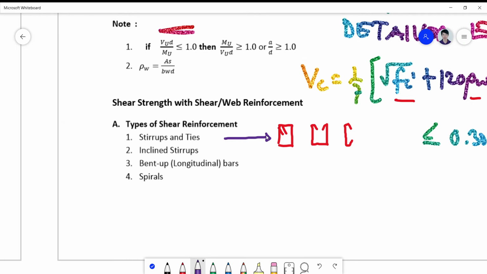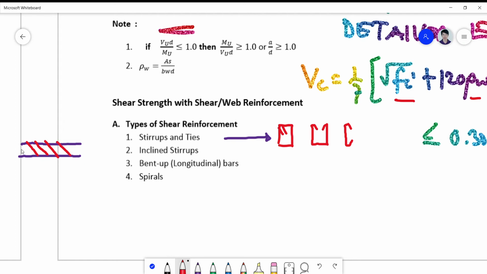For the inclined stirrups, they are also the same as the stirrups and ties, but this time their position along the longitudinal axis is inclined. If these stirrups are placed vertically on the beam, the inclined stirrups are normally placed in an inclined manner like this one.